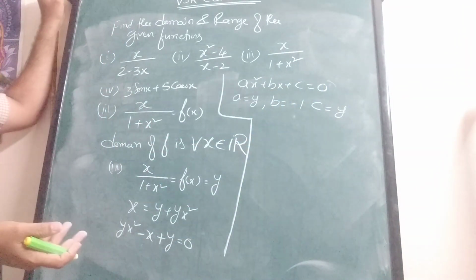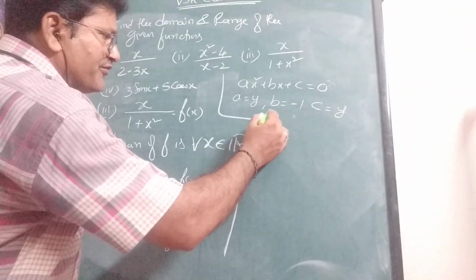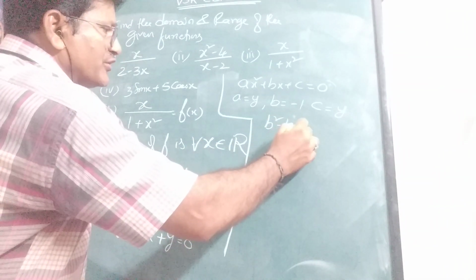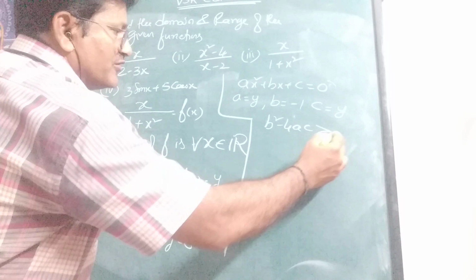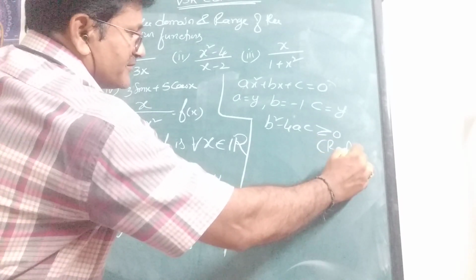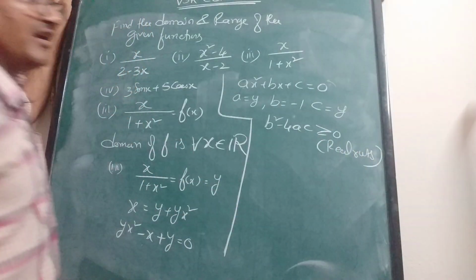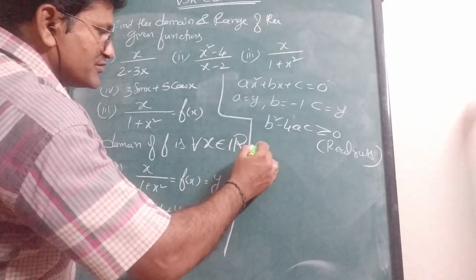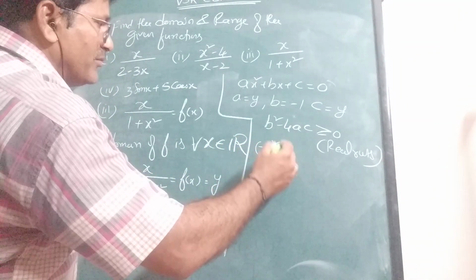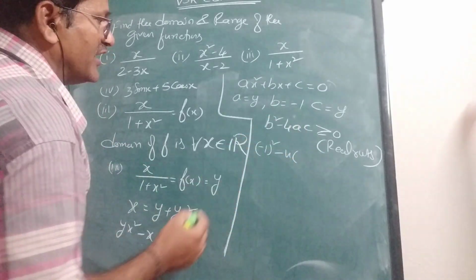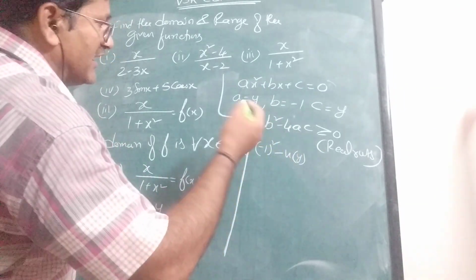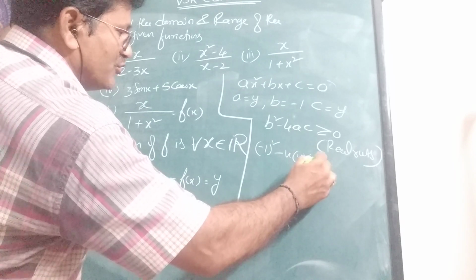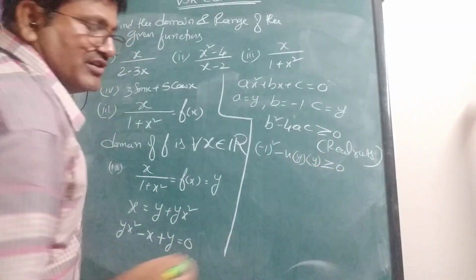It should have real roots. What is the meaning of real roots? B square minus 4ac should be greater than or equal to 0. So substitute minus 1 whole square minus 4 into y into y, which is greater than or equal to 0.